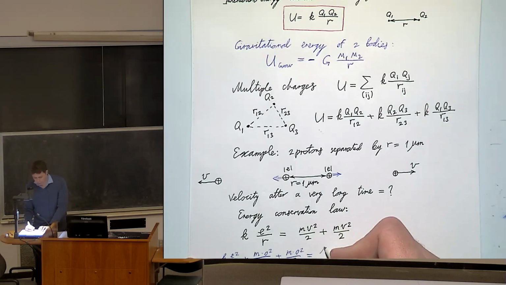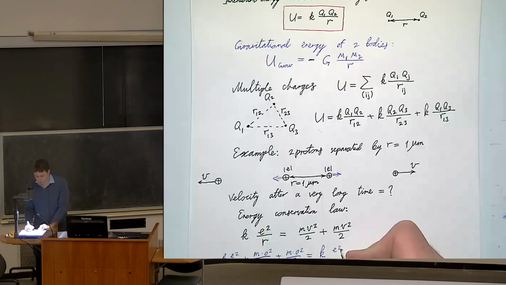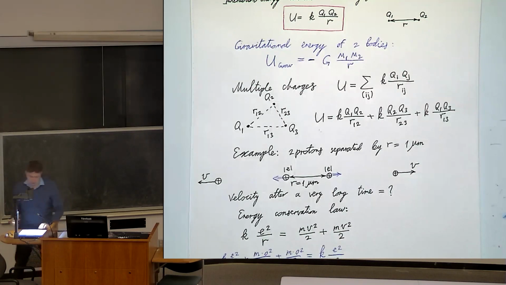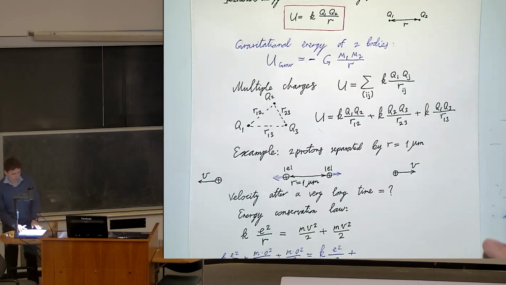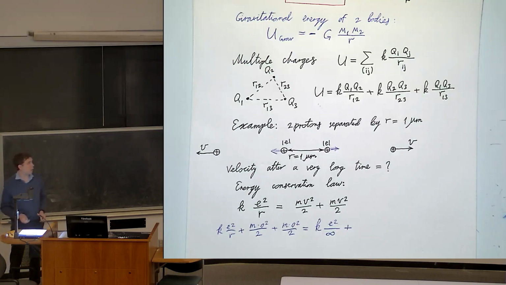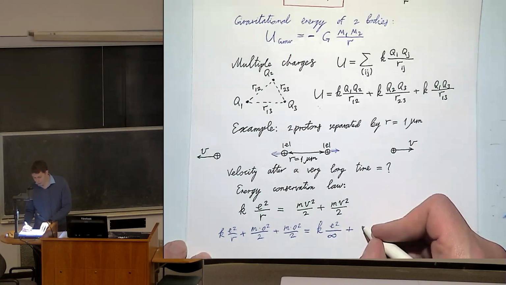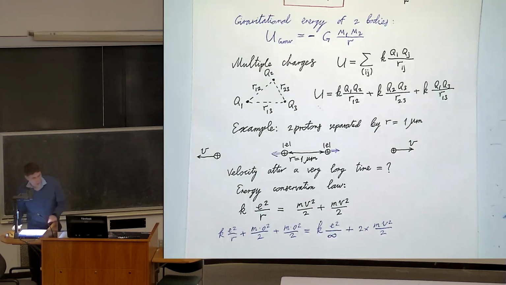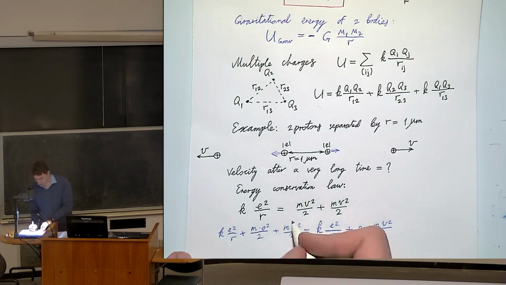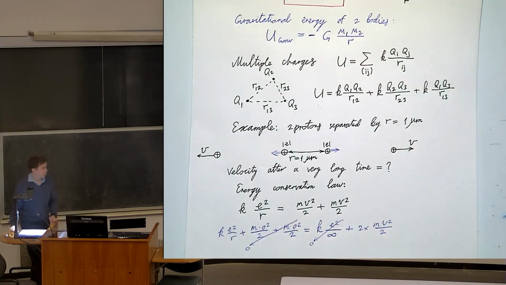That equals the final electrostatic energy, Ke squared over infinity, because after a very long time they're far from each other. I'll say that the distance between them is infinity, some large number in the denominator, and their kinetic energy. So this is 0, this is 0, corresponding to the equation just above.